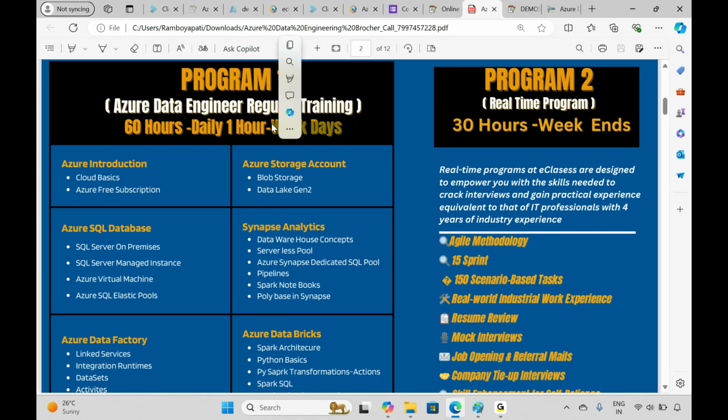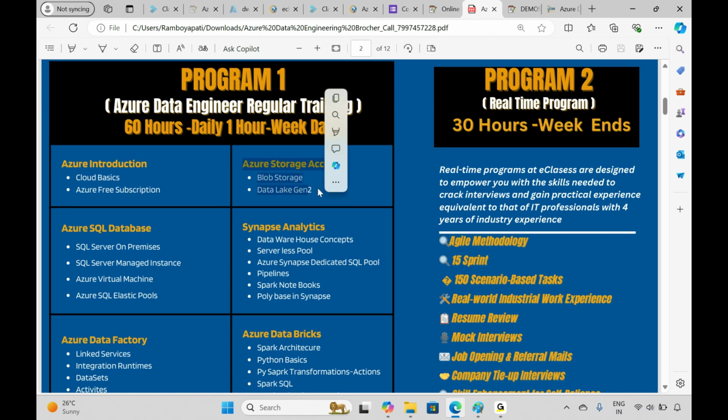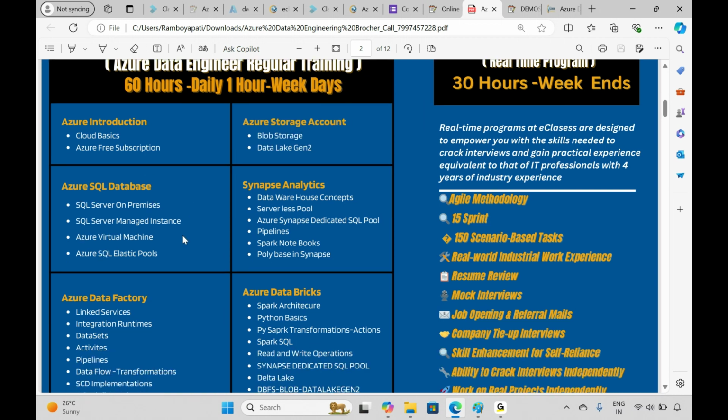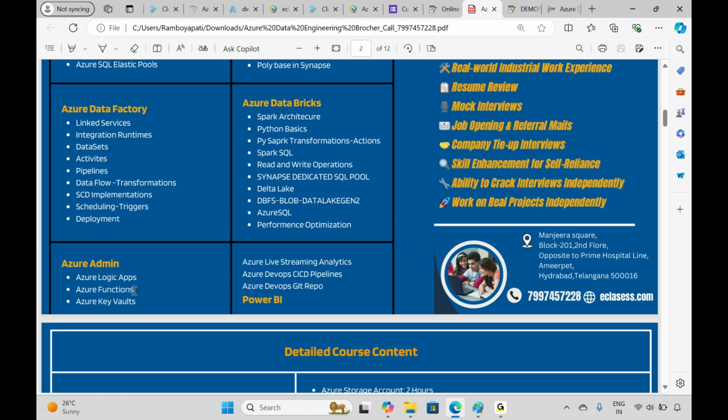In these 60 hours, we are going to cover the complete Azure data engineering technologies: Azure introduction, Azure storage accounts like Blob Storage and Data Lake Gen2 thoroughly, Azure SQL Database, Azure Synapse Analytics, Azure Data Factory, Databricks, Azure admin related topics like Logic Apps, Functions, Key Vaults, and Azure Stream Analytics, Azure CI/CD pipelines development, Azure DevOps Git repository, and Power BI. This is technically what we are going to discuss.